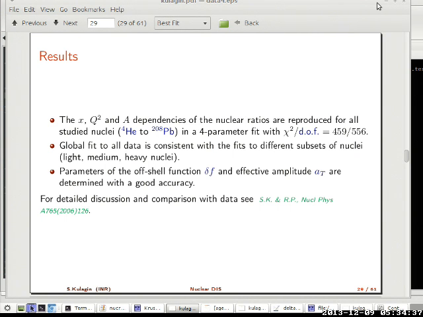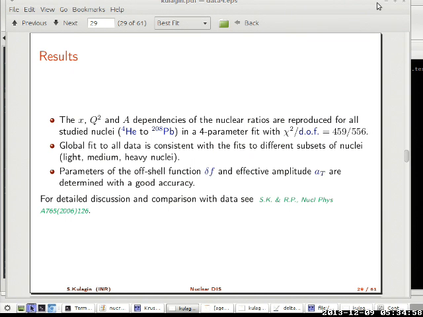So this is actually a summary of the results. The final chi-square was pretty good for this analysis. So the probability of the fit is pretty high for the 4-parameter fit.